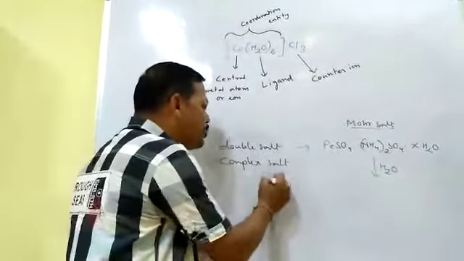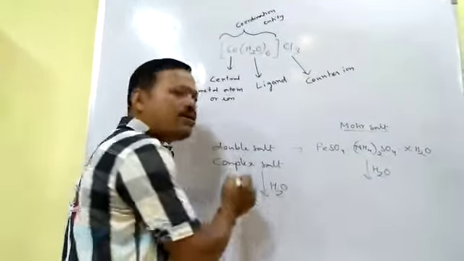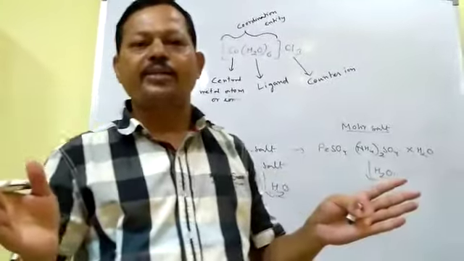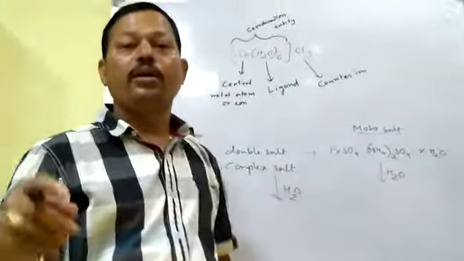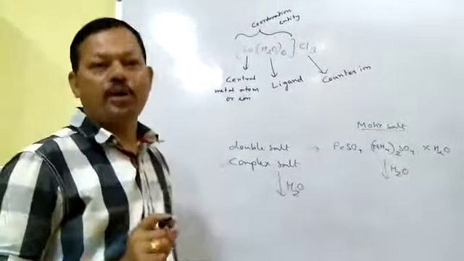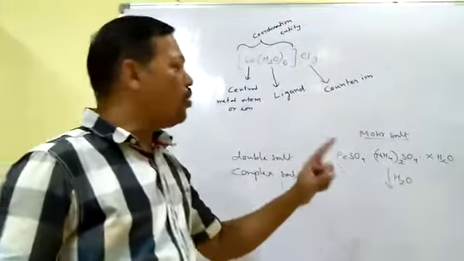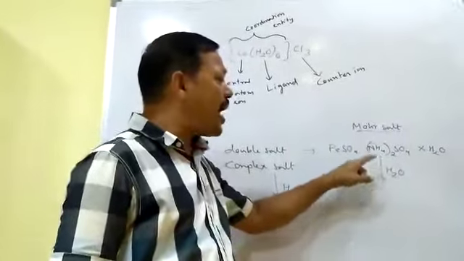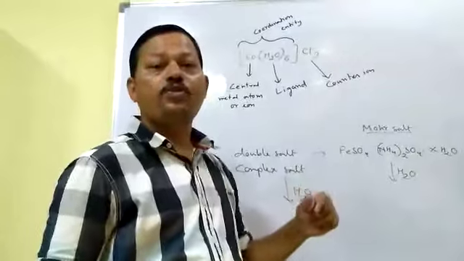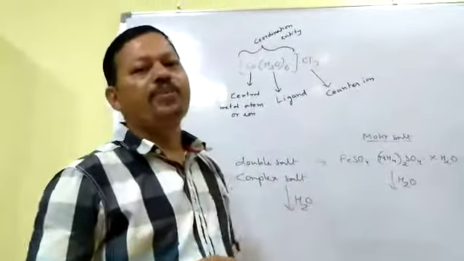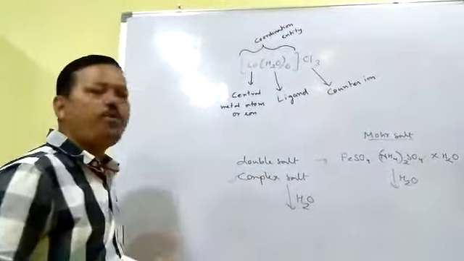But when you dissolve a complex salt in water, they cannot produce any ions. I mean you cannot dissociate the complex salt by dissolving in water. So a double salt loses its identity in water or in aqueous solution, but a complex salt retains its identity in aqueous solution. That is another point of difference.